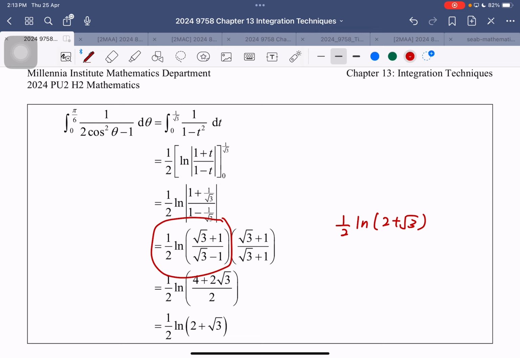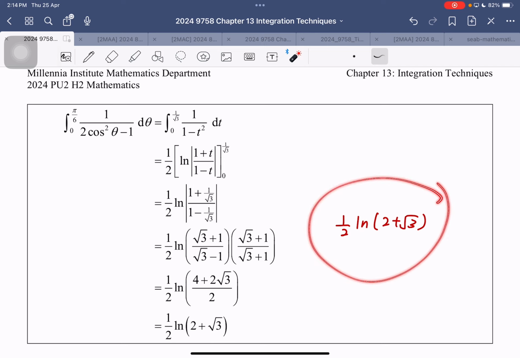The reason is similar to what you have learned in your secondary school. I think in secondary school when you learn A math, they always chase after you: you need to rationalize the surd form. You cannot have square root at the denominator, correct? For A levels, leaving square root in the denominator is actually fine. But for this particular question, they want you to leave it in this form because they say that you must show.